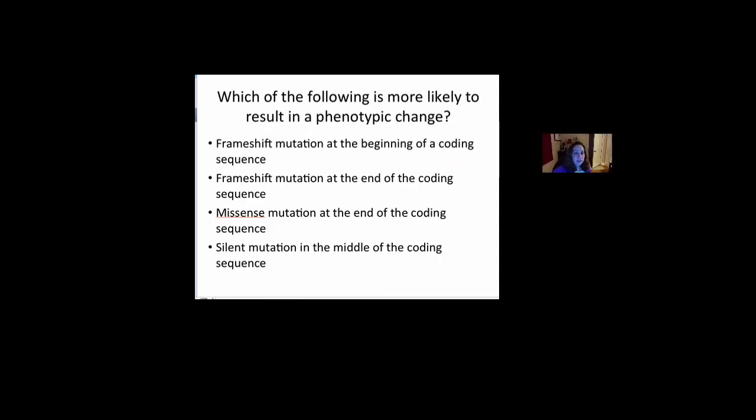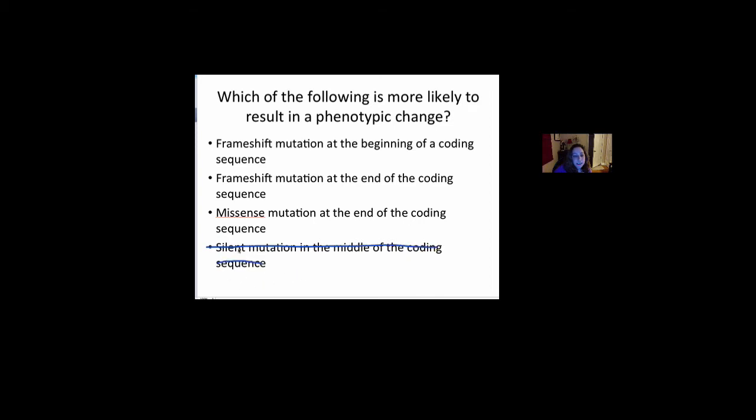Now the next question, which of the following is more likely to result in a phenotypic change? A frame shift mutation at the beginning of a coding sequence, a frame shift mutation at the end of a coding sequence, a missense mutation at the end of the coding sequence, or a silent mutation in the middle of the coding sequence. So hopefully the one you could cross out right away is a silent mutation in the middle of the coding sequence.